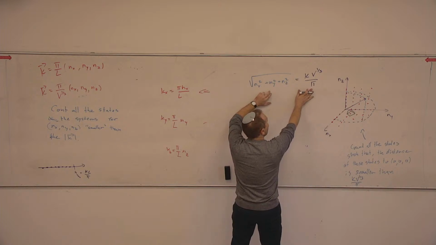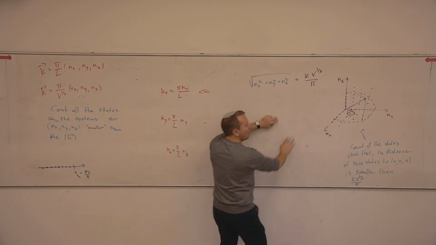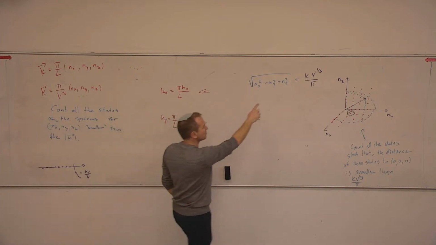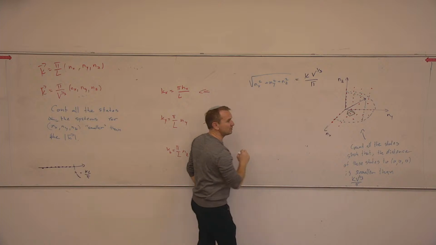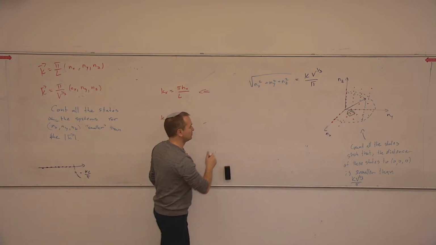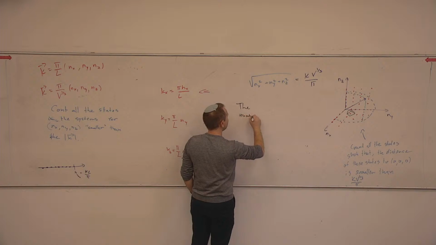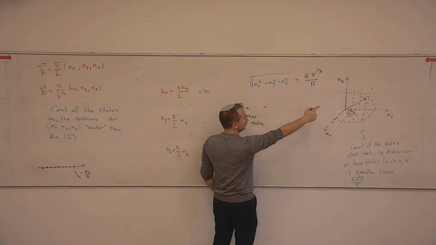So, if this is my vector, what is the volume of a 3-dimensional ball that has this vector over here? Do you remember the formula? The number of states. It's just the volume.